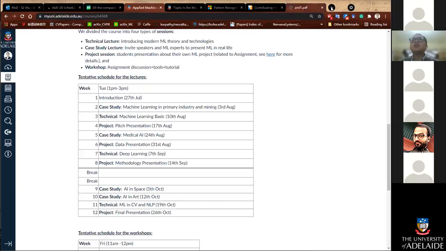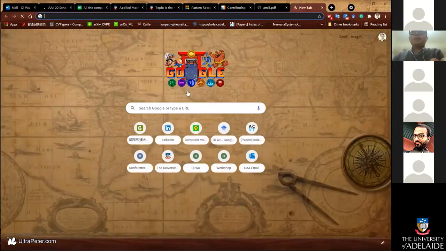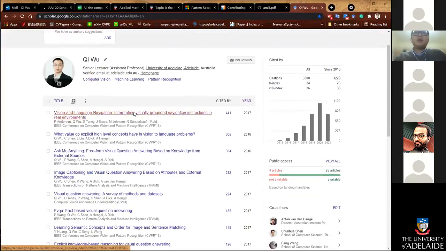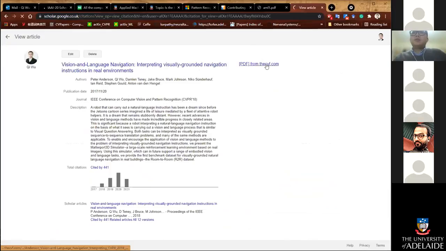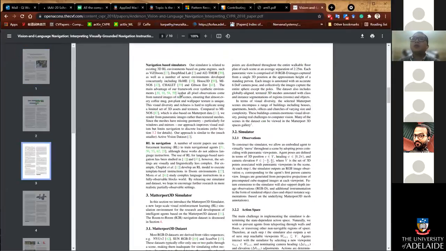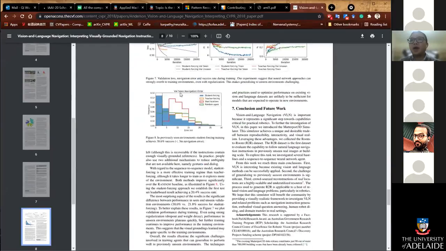For example, I can show you some. Let me see whether I can find some papers. Okay, so here is a CVPR paper. CVPR is the best conference in computer vision. So I prefer if you can submit a report following this format.